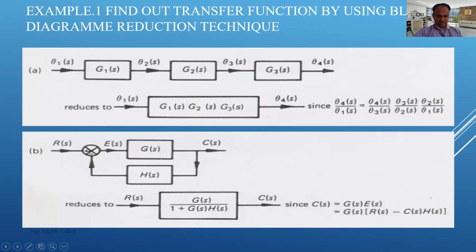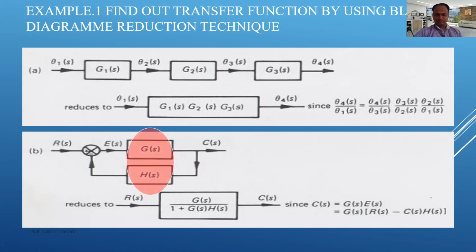The numerator will be the gain function Gs, divided by 1 plus the gain function multiplied by the feedback function, that is Gs multiplied by Hs. That will be your answer for the feedback loop. So this example is very easy, and it is only the implementation of the first and sixth rules.